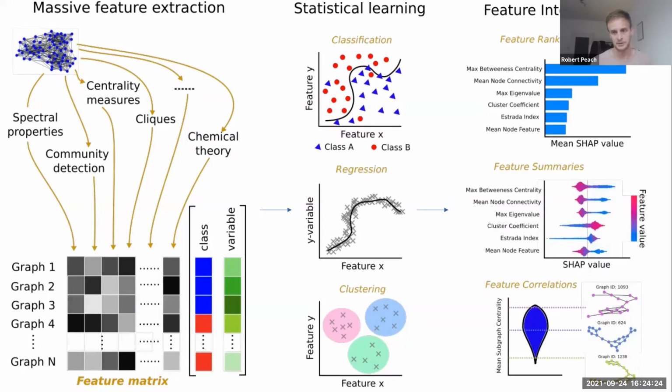This allows us to understand more about our system and whether we can differentiate between maybe two classes just based on one or two features. And we can interpret what that means with respect to whatever system we're looking at. If it's the brain network, maybe something like the rich club is useful, and we can understand what that means.